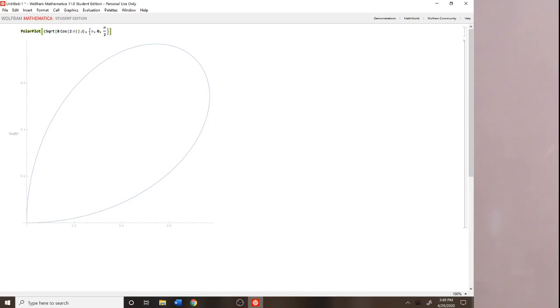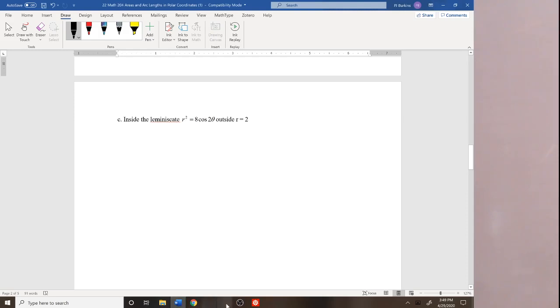Alright, so square root of that for r, and the other one I think was just r equal 2, right? Yeah, r equal 2.